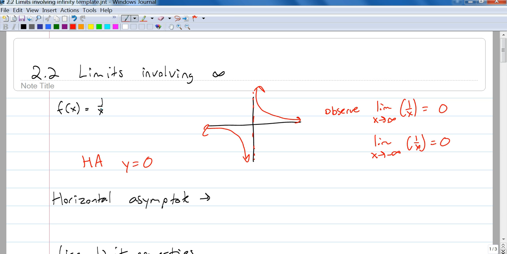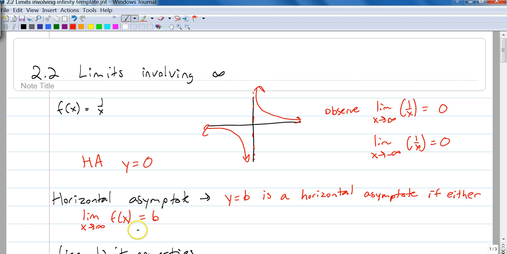So what does that mean? It means that y equals b is a horizontal asymptote if either, so it only needs to be one or the other, the limit as x goes to infinity of a function is equal to that letter b, or going to the left is equal to b.